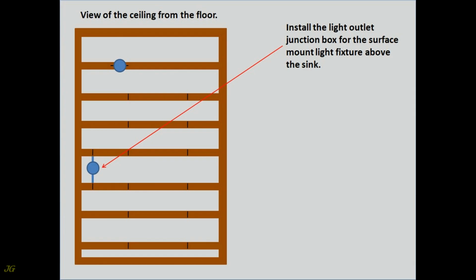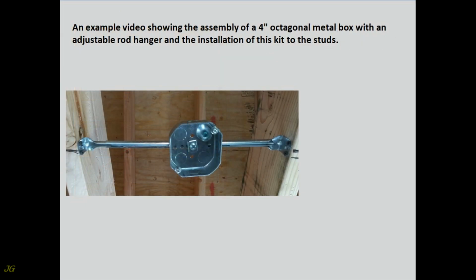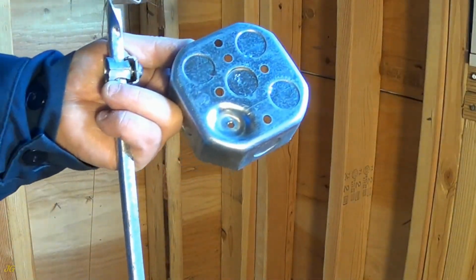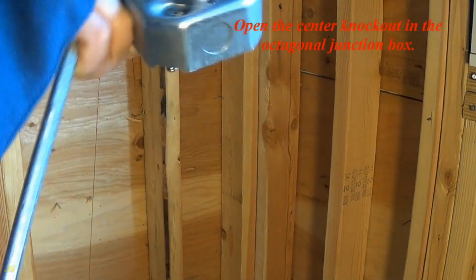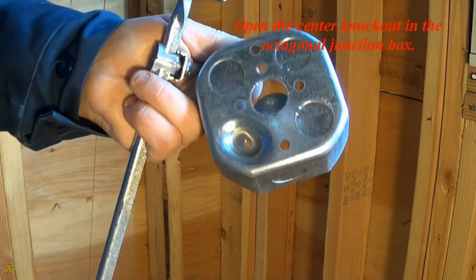Install the light outlet junction box for the surface mount light fixture above the sink. An example video showing the assembly of a 4 inch octagonal metal box with an adjustable rod hanger and the installation of this kit to the studs. Open the center knockout in the octagonal junction box.